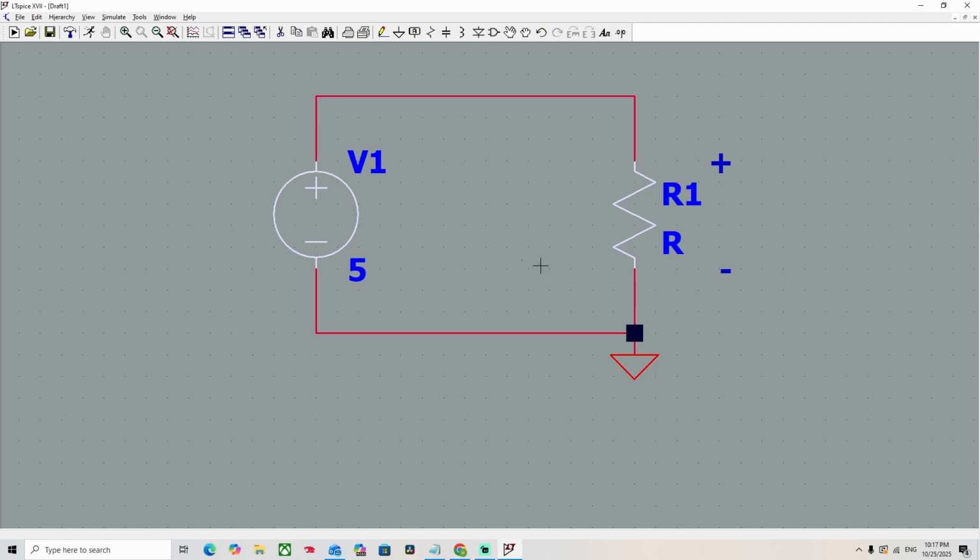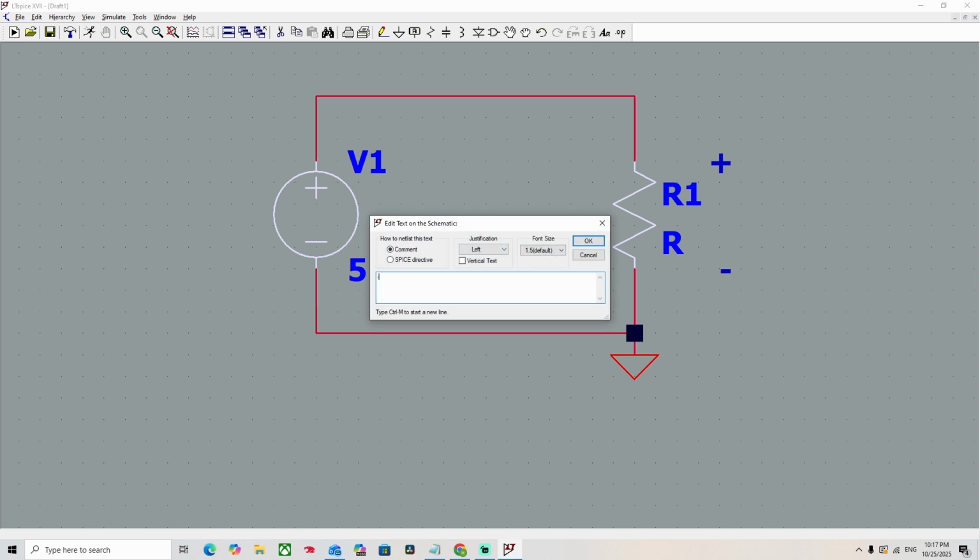So the full equation would be negative V1, we come across and meet our first, quote unquote, sign, plus R1, and then since we do a complete loop, it would equal 0.